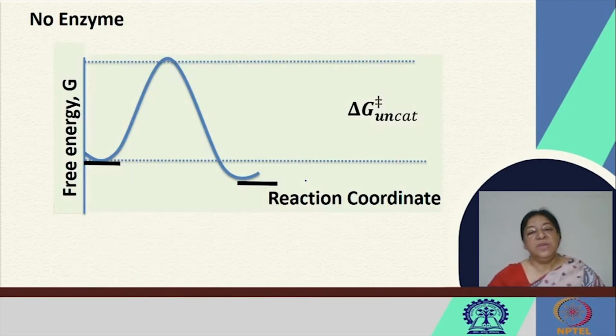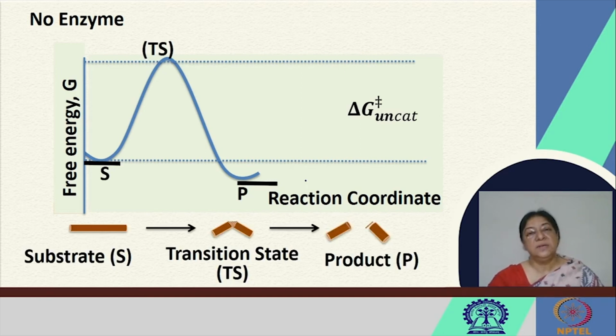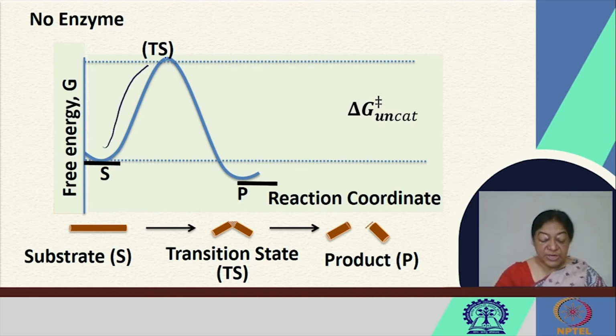If we now look at our reaction that has no enzyme, we have the substrate and the product at a lower energy than the substrate, telling us that it is a bit more stable than the substrate in this particular diagram. And we have the reaction coordinate along the x-axis, telling us about the progress of the reaction. In the formation of the transition state, the substrate has to cross this barrier to reach the product.